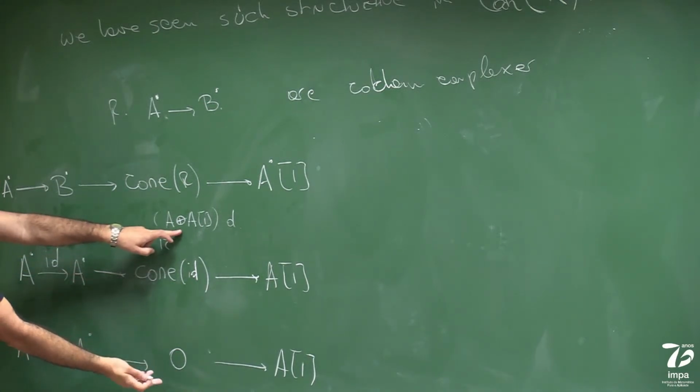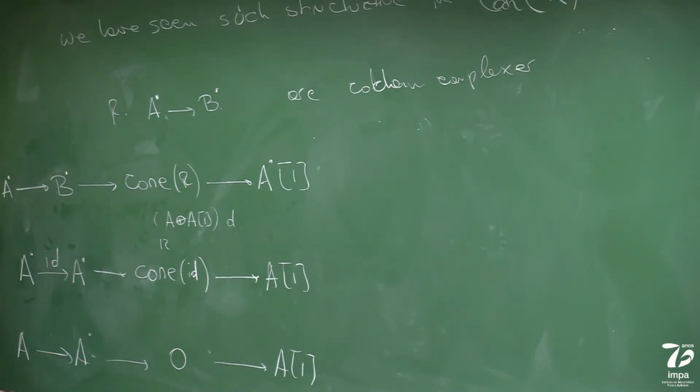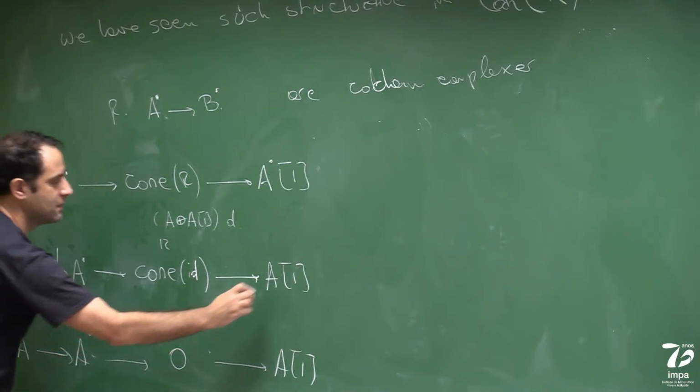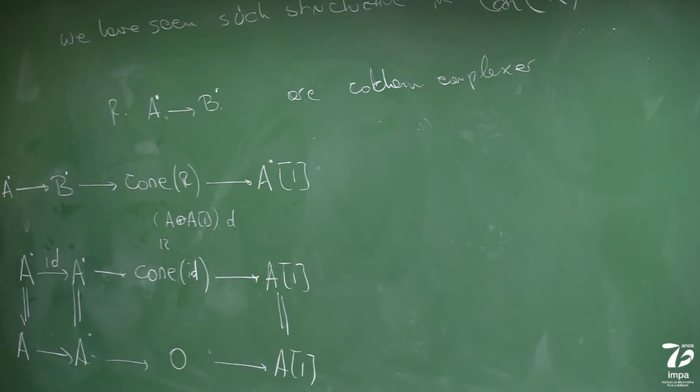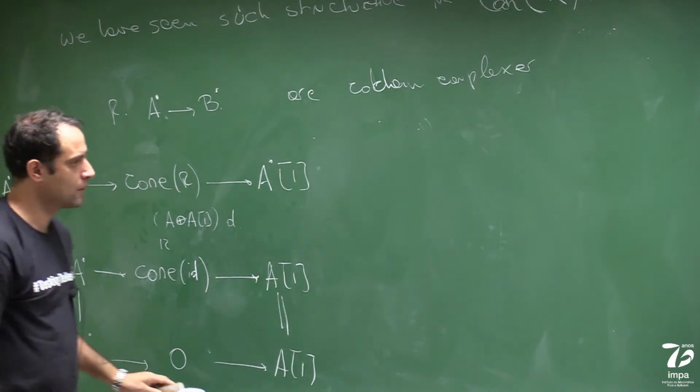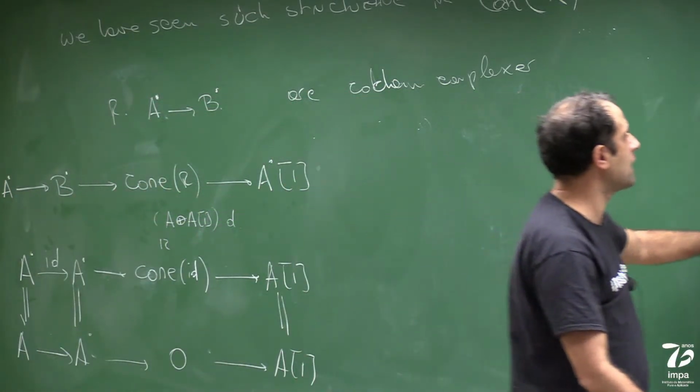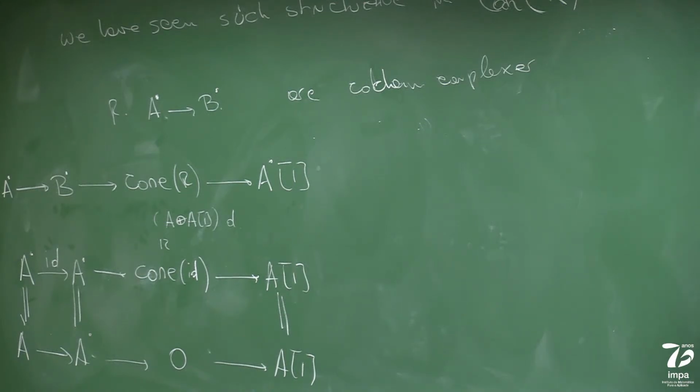And this guy is certainly not 0. This is an isomorphism, and this is an isomorphism. So I already see something funky going on if I wanted to make the category of cochain complexes into a triangulated category. Because that first axiom seems hard to cope with the next axioms.